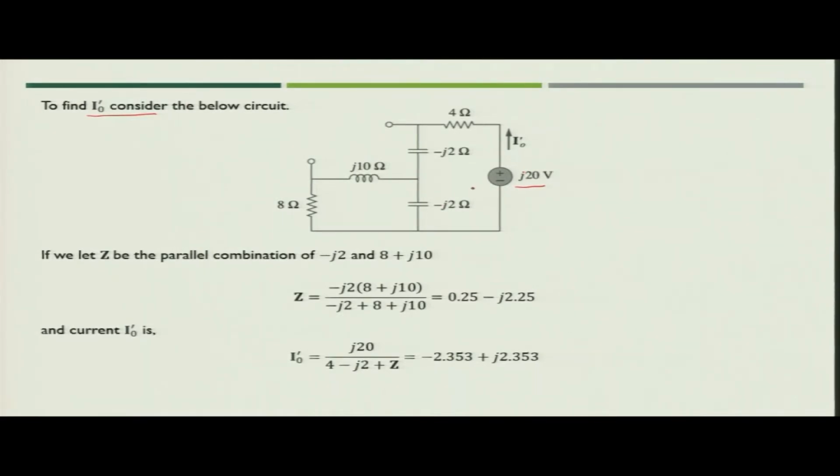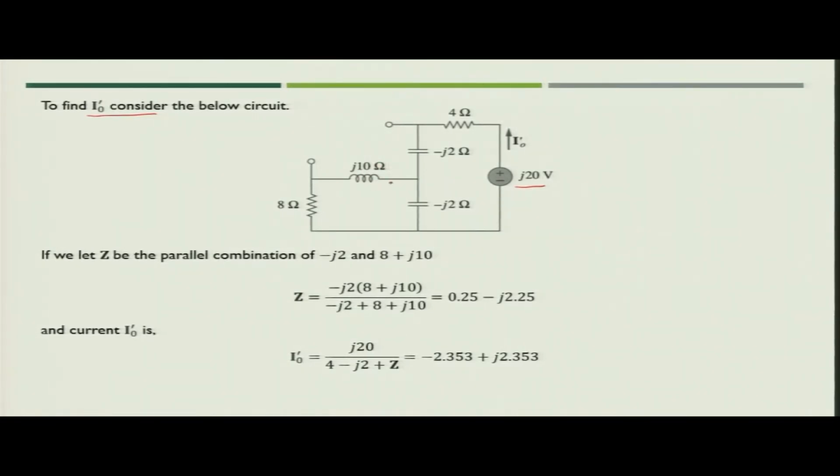Now, you have the circuit as shown in the figure, in which the capacitor is connected in parallel with the series combination of 8 ohm resistance and j10 ohm impedance.